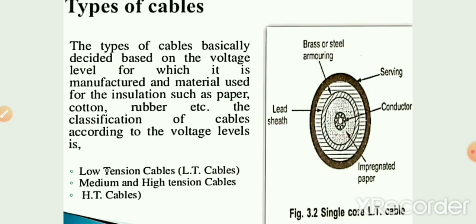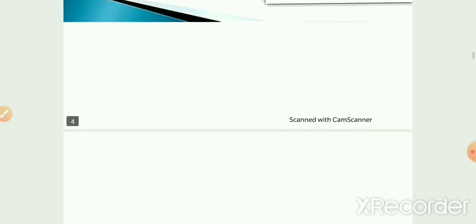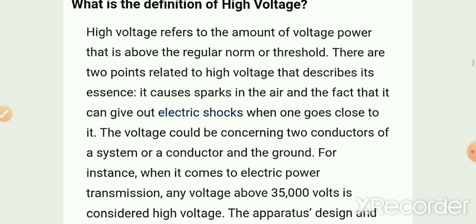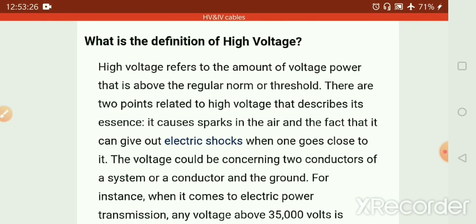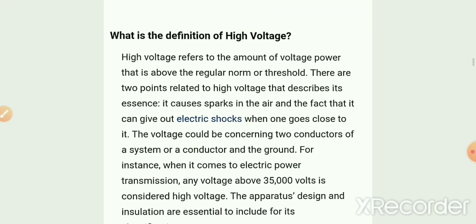Materials used for the insulation include cotton and rubber. We also have a classification like low tension cable, which means low voltage cable, and medium and high tension cable, which means high voltage cable. At first we will discuss high voltage cable.